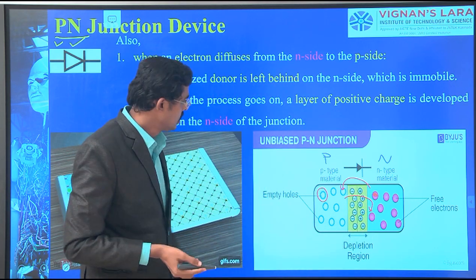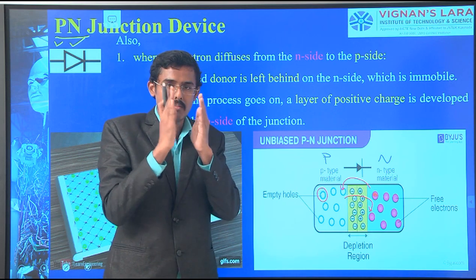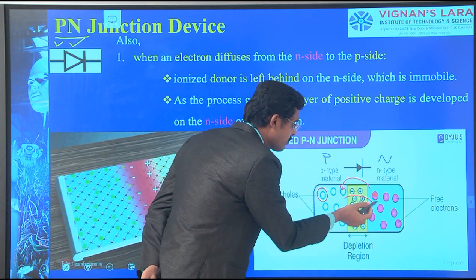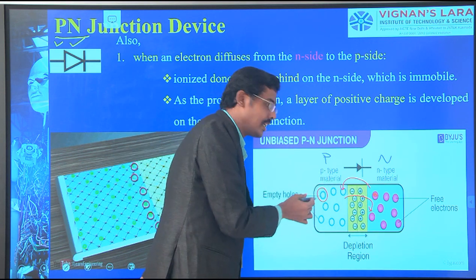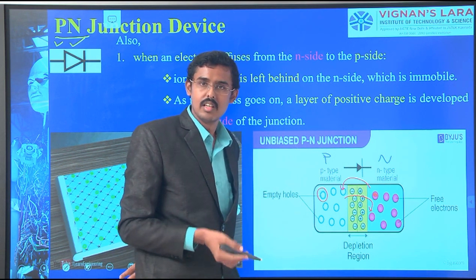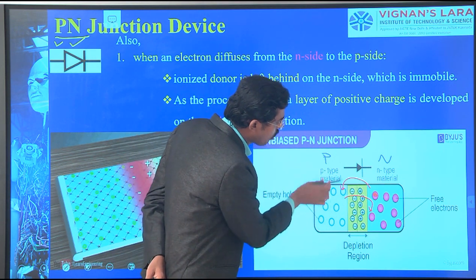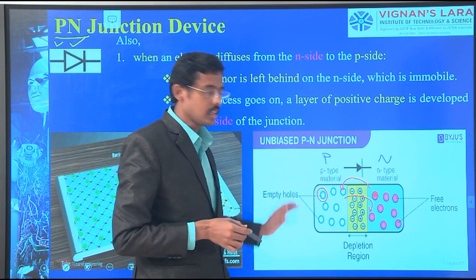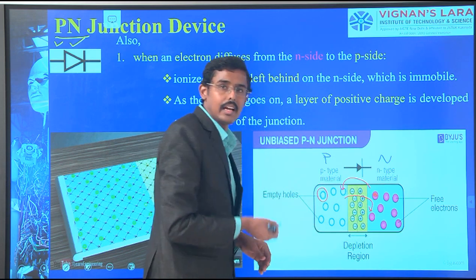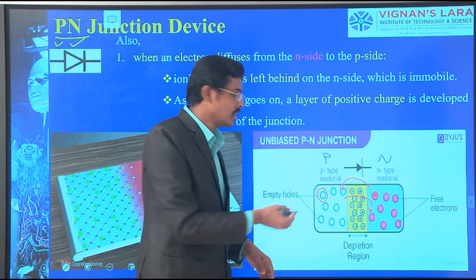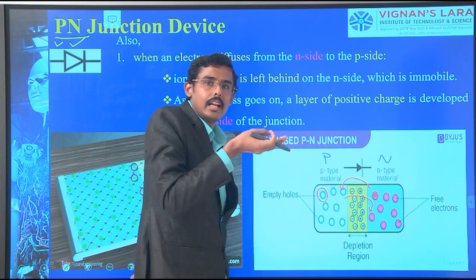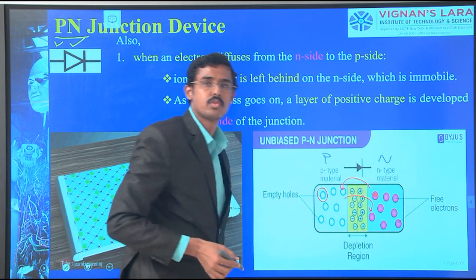Therefore, what happens at the center of this boundary, the depletion layer? As the electrons jump from here to here, this side of the grain boundary layer will have a higher number of electrons, therefore it becomes a negatively charged zone. Similarly, on the N-type side, as the holes are attracted by the electrons, that layer of the grain boundary becomes a little higher in terms of positive charges.